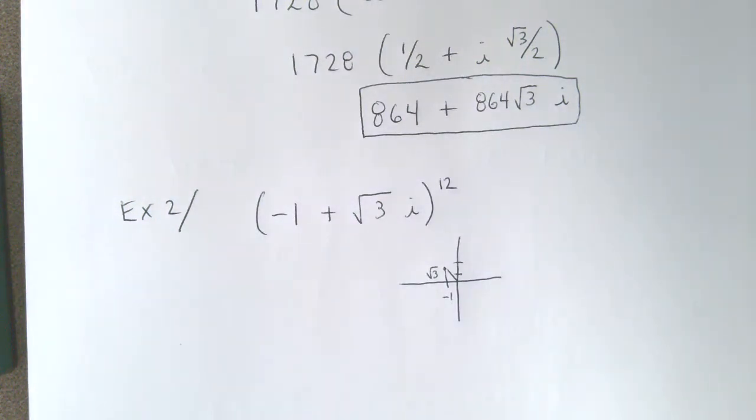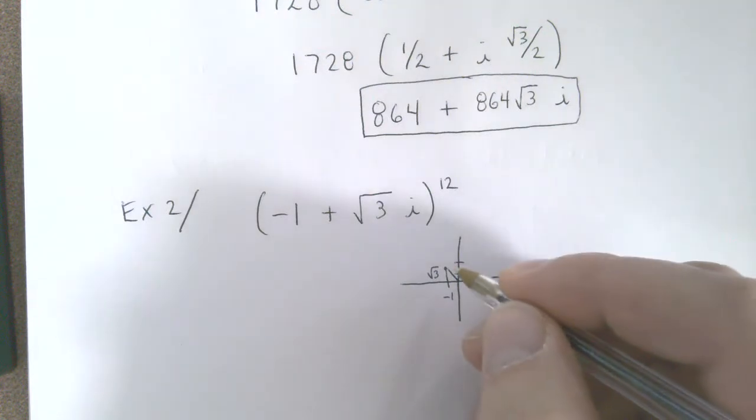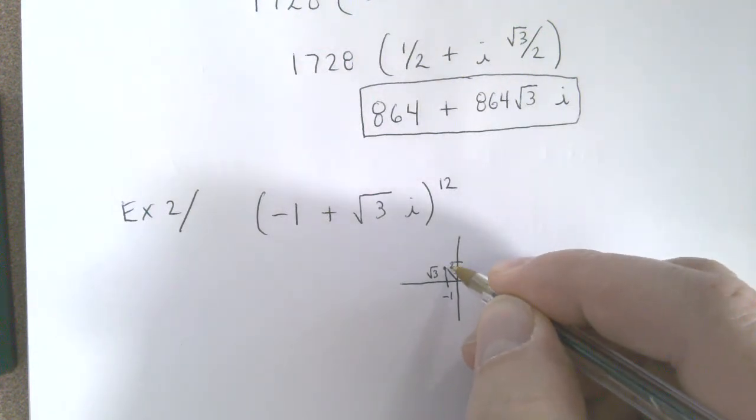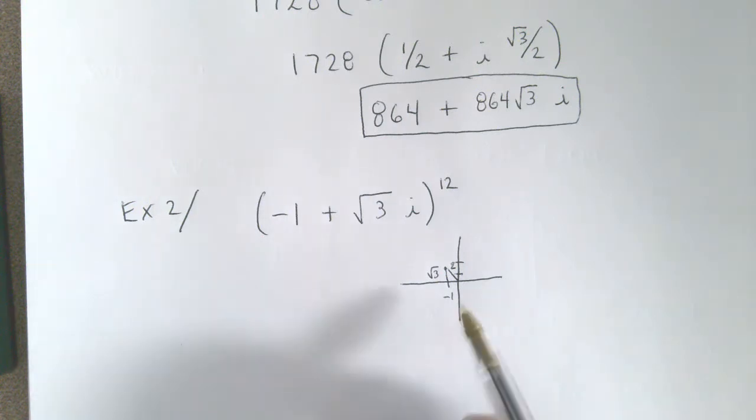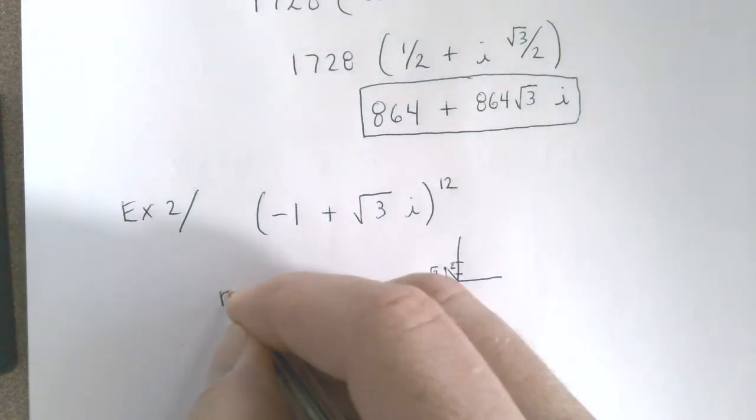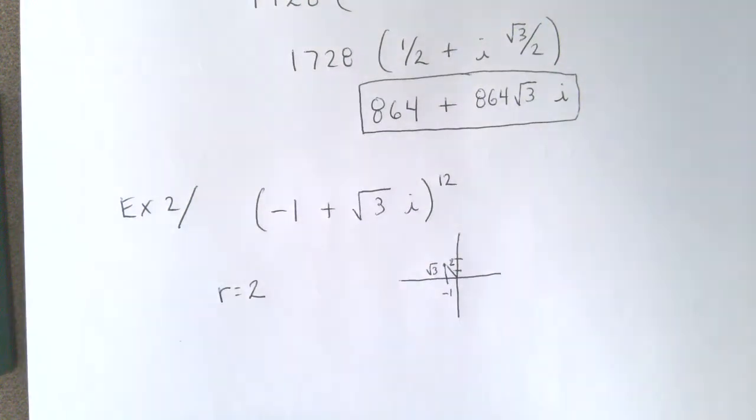If you remember your ratios, 1, radical 3, 2. What kind of triangle is this? This is a 30, 60, 90. So if you know your ratio there, r is going to be 2. If you don't know your ratio, you can again do radical 3 squared plus 1 squared. You're still going to get 2 for your r value.